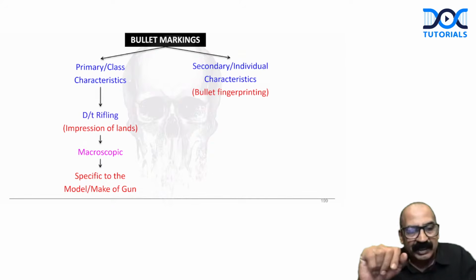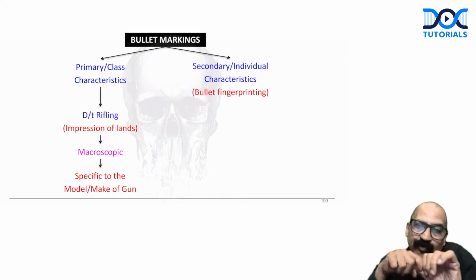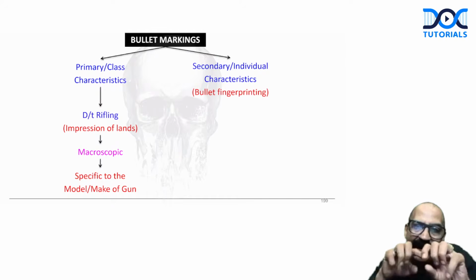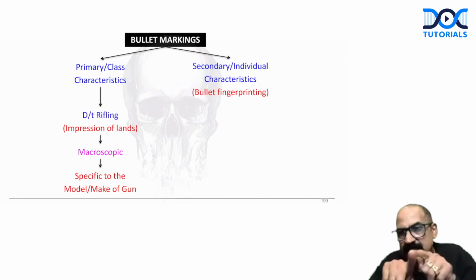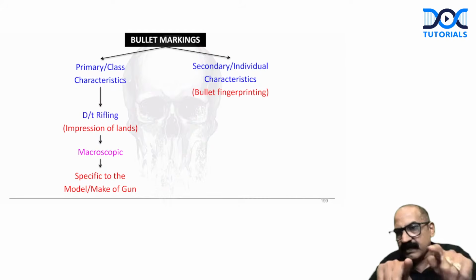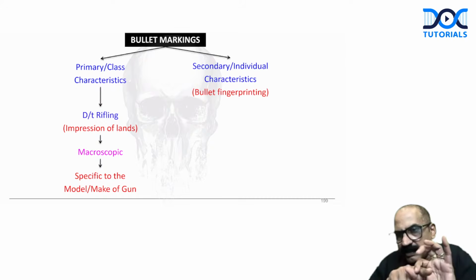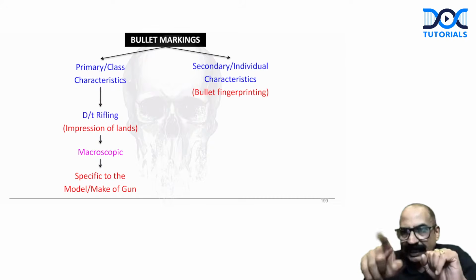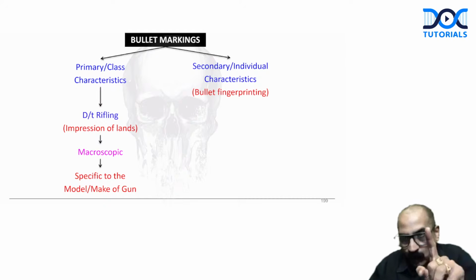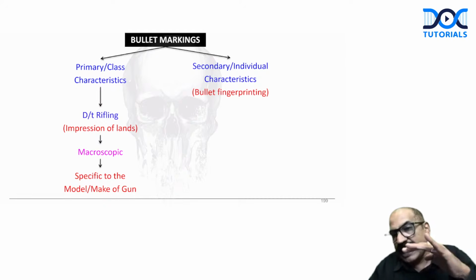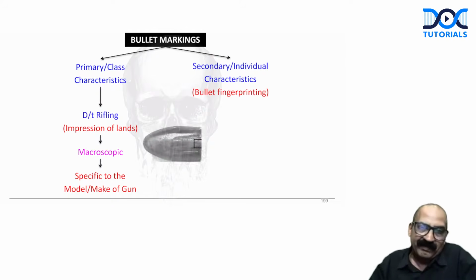But what happens is, once I go for rifling, there is friction between the broach and the barrel. Striation changes. Then I go for rifling again, and the striation will change. So the surface of the lands differs from one barrel to another barrel.